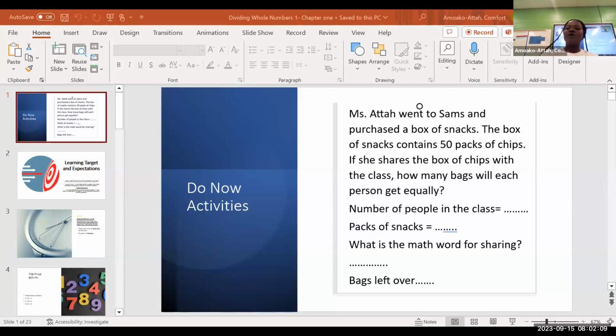So we're going to learn how to divide whole numbers using some manipulatives, that is the base 10 blocks, okay? And I've already introduced this to you in one of my YouTube tutorials. All right, so the first problem is, this is our do now, so you guys can try your hands on it and I'll take you through the solutions as I go through the slides.